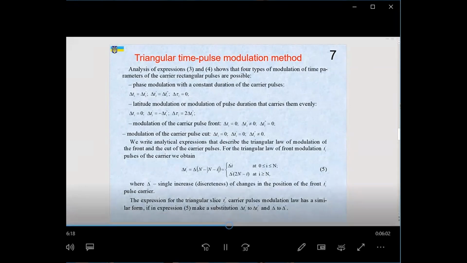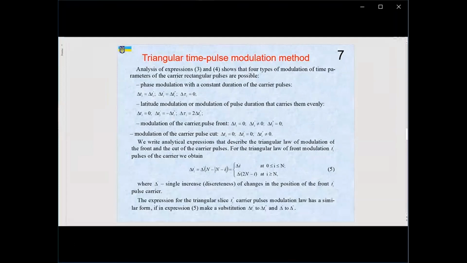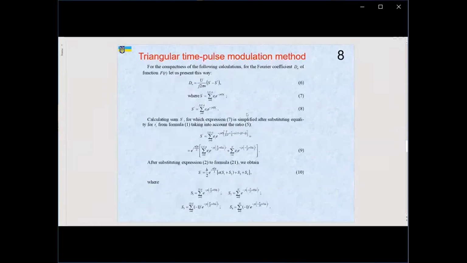In the expression, we make the substitution delta t i to delta t2 i and delta to delta 2.